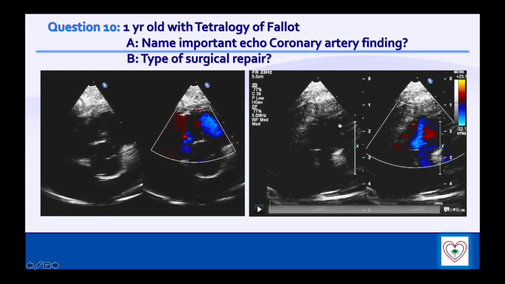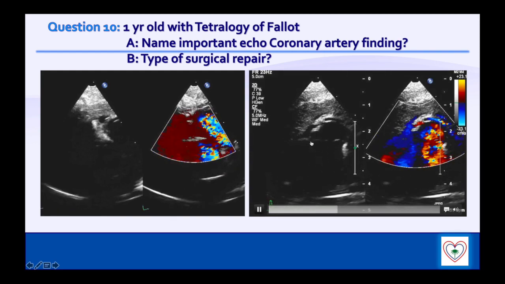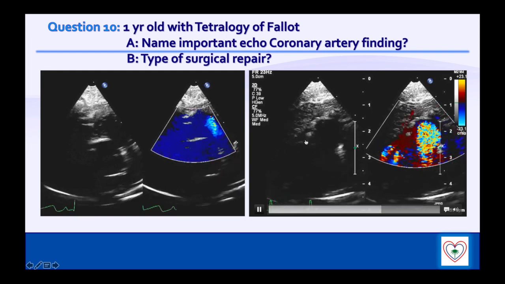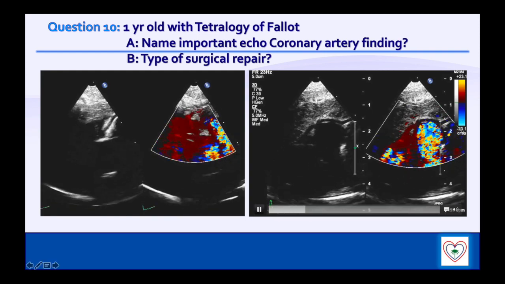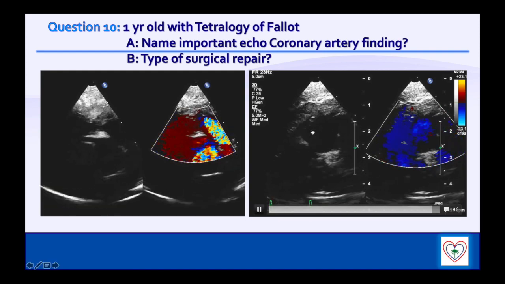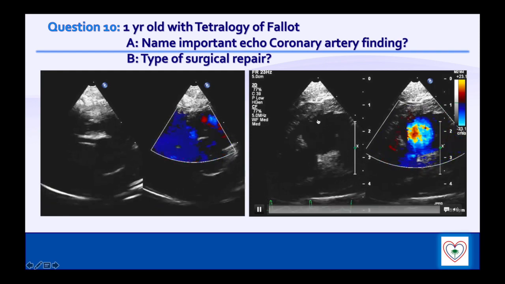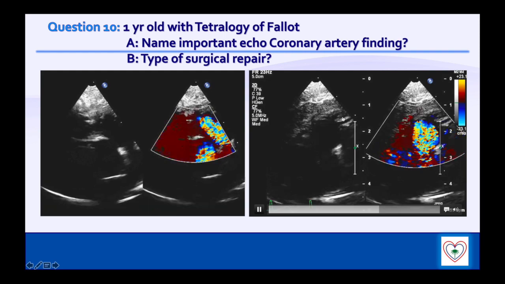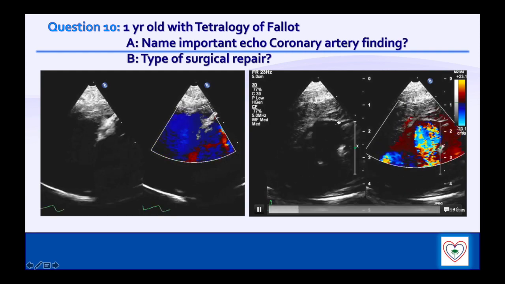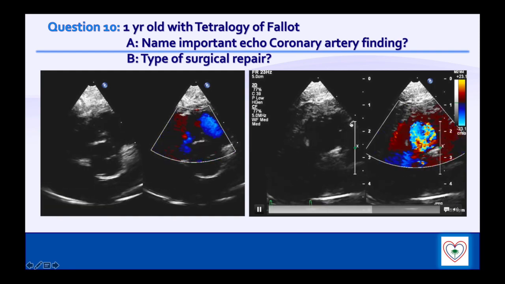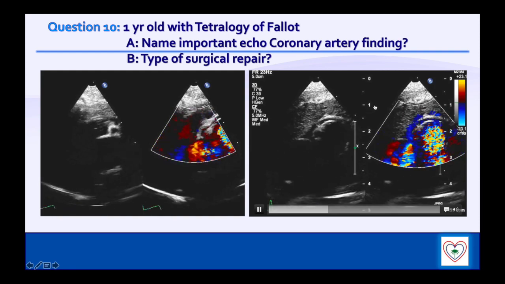So this could be the left anterior descending originating from the right coronary artery. This is the other view which makes it really clear. This is the left anterior descending, and it is curving in front of the RVOT and then goes into the interventricular septum.